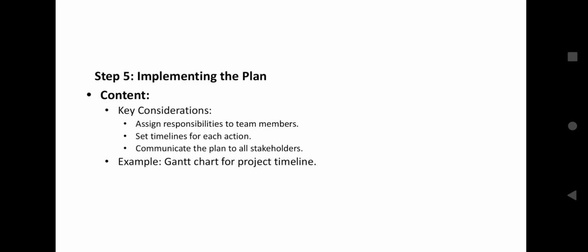You have to know their experience and skill. The next consideration is to set a timeline for each action. Next, communicate plans to all stakeholders, for example with a Gantt chart of the project timeline.